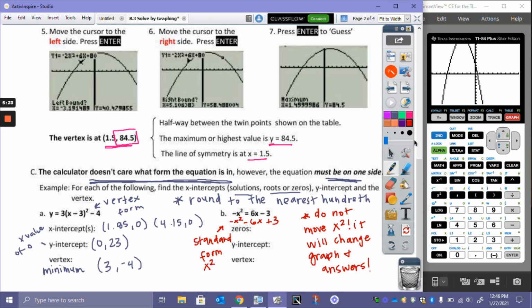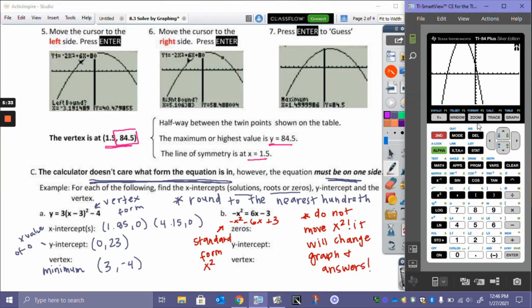Okay, so now let's talk about our answers. So it says zeros. Zeros are going to be the x values of our x-intercept. So we can go ahead and find our x-intercepts. Second trace, intersect, and we'll just go this way because it's quicker first. Enter, enter, enter, and we get 0.46410162.